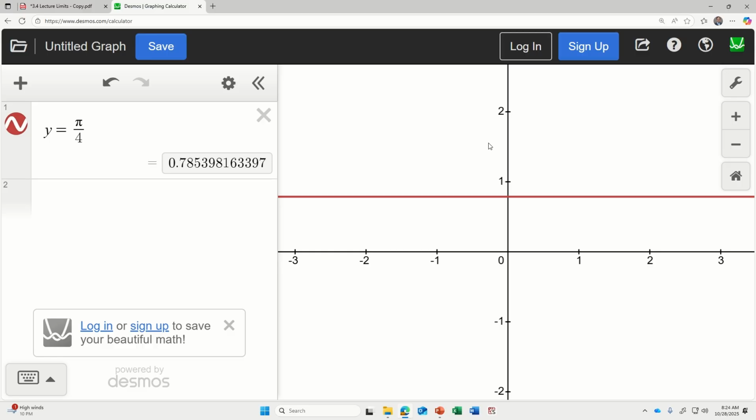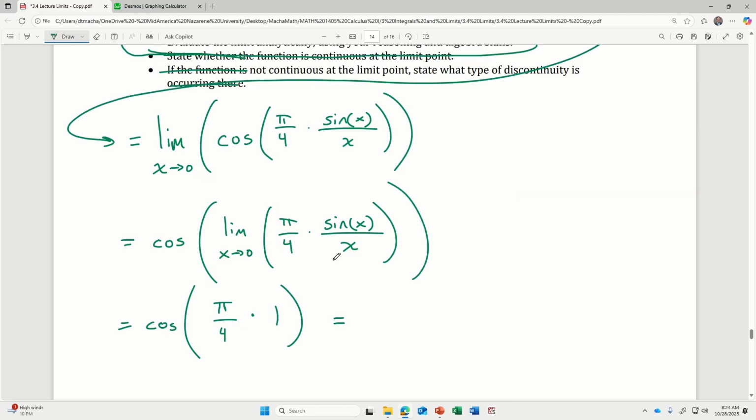So the limit of a constant is just the constant when there are no x's involved. So what is cosine of pi over 4? Cosine of pi over 4 is square root 2 over 2.